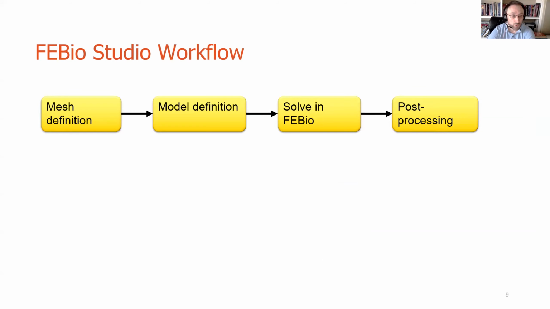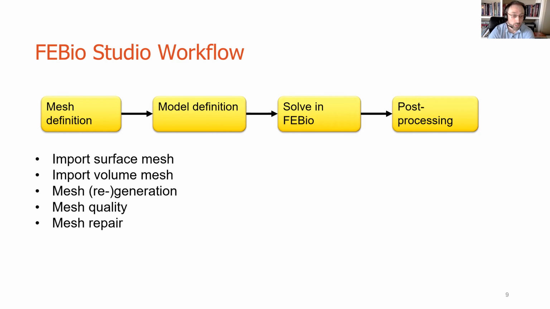To sketch an overview of what that workflow looks like, usually users come in with some representation of the structures they are interested in. For example, this can be segmented image data, so they'll have a surface or a volumetric mesh that they can bring into FEBio Studio.